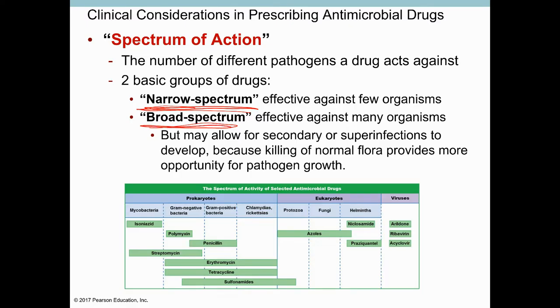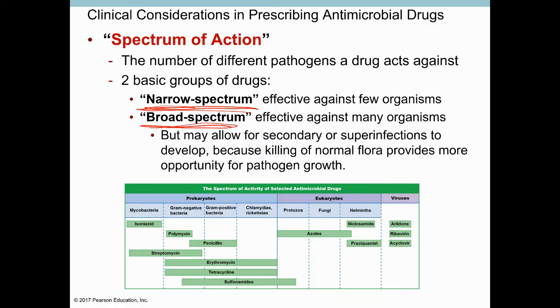So these would be the categories that define how many organisms the drug kills, or is effective against. A narrow spectrum drug is only effective against a small group of organisms.